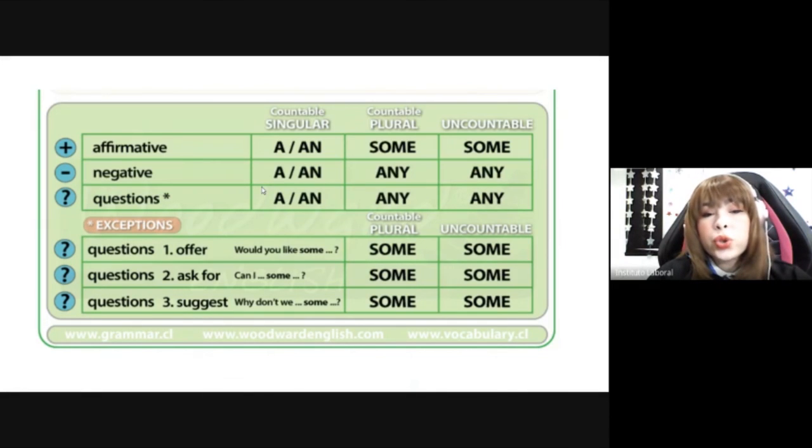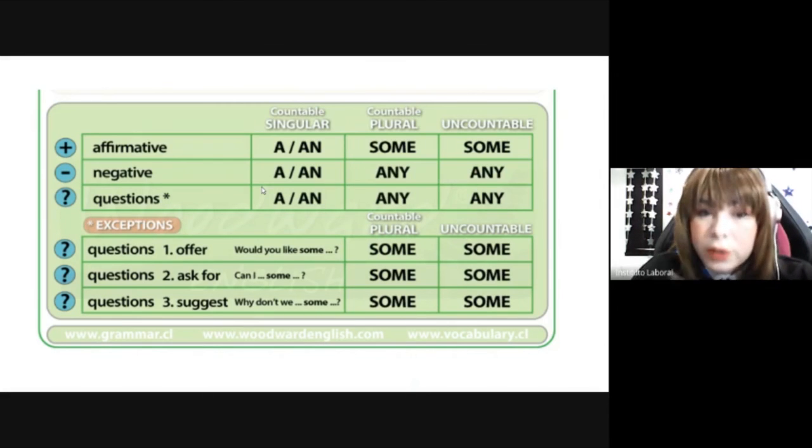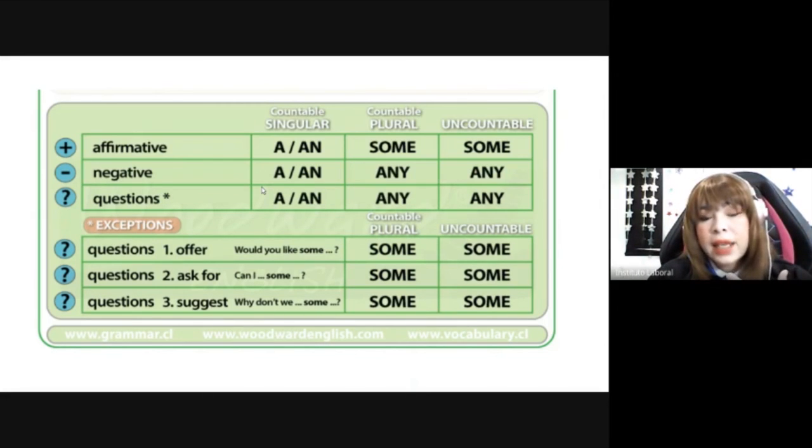When you ask for something, you can also use some. Can I ask for some coffee? In questions, we also use some with the meaning of suggestions. Why don't we buy some cheese?